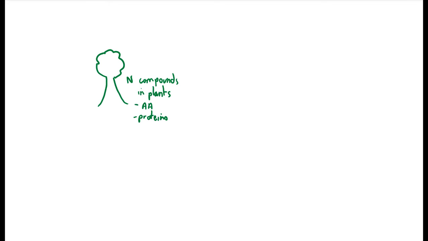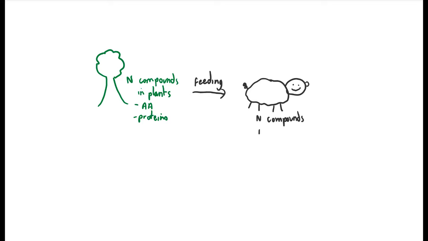Those plants then get eaten in the process of feeding by animals. And here's a nice little sheep again. Hi guys. There's his little ears, there's his little tail. And we get nitrogen compounds in animals. Now, those nitrogen compounds, again, are going to be amino acids, proteins.